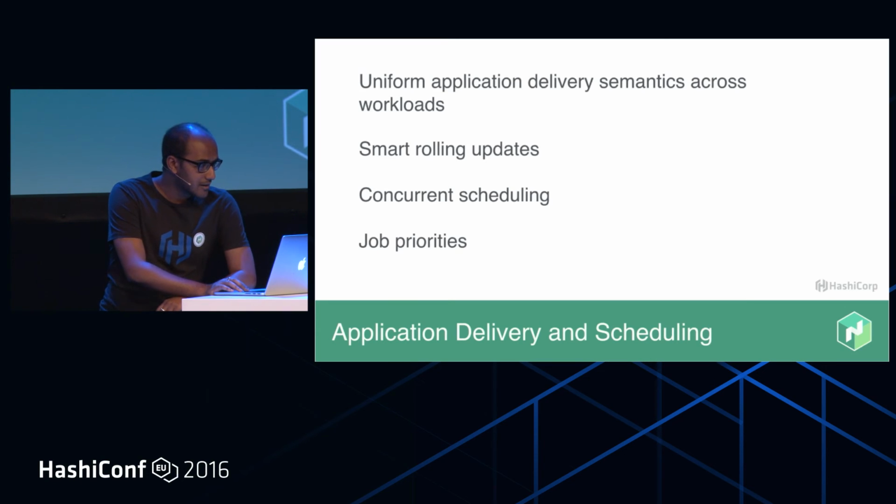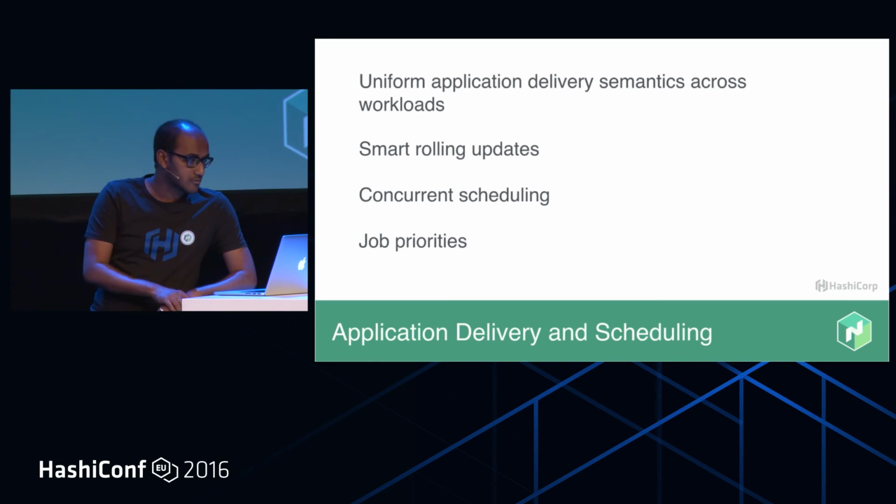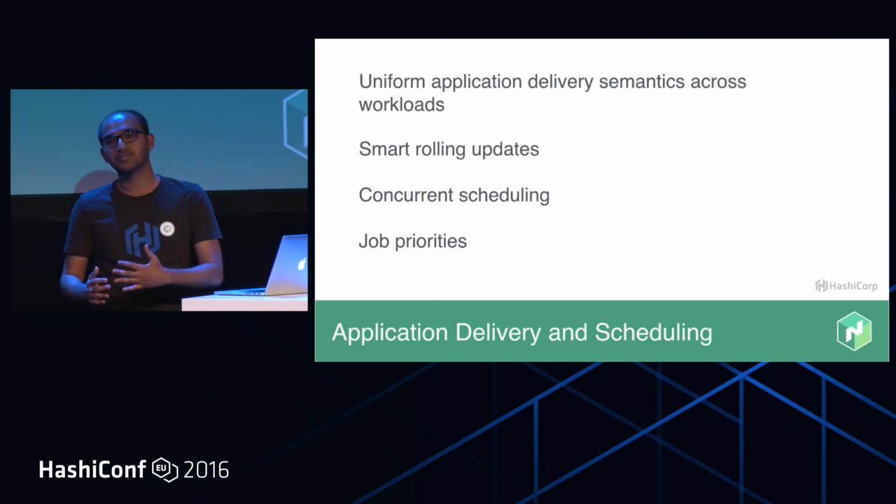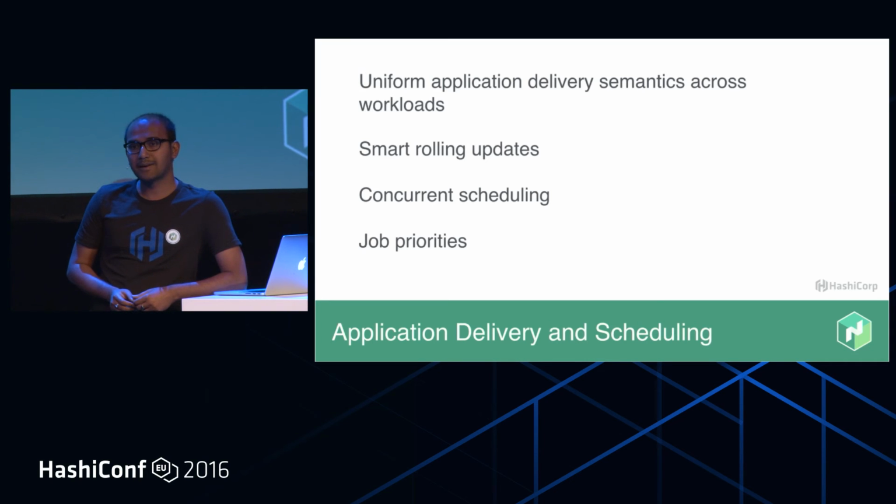We have some really good semantics for doing application delivery. We allow people to do rolling updates, we have priorities, and the same deployment mechanisms that users would use for running applications on Docker, they would use for, for example, deploying a Go binary.